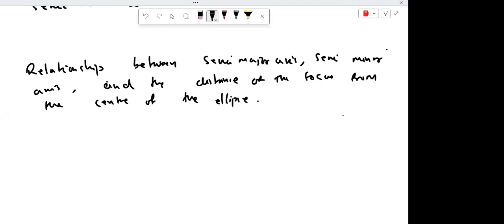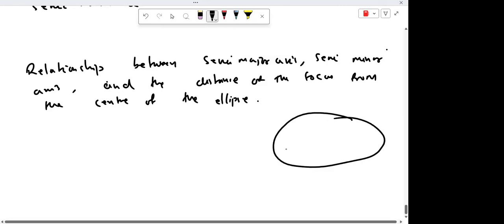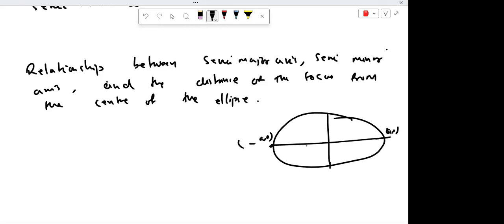Okay, so again we have this diagram. This is the major axis, minor axis. This is minus a comma 0. This is a comma 0. This is minus c comma 0 and c comma 0.